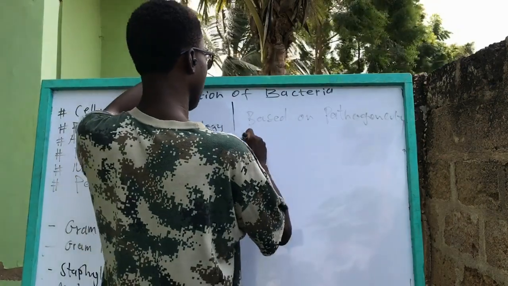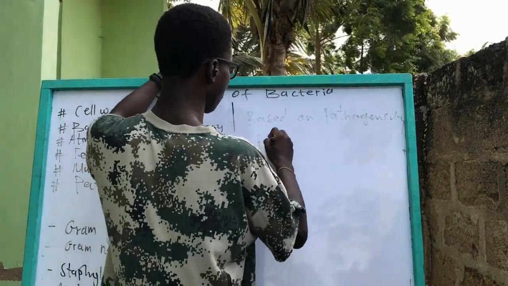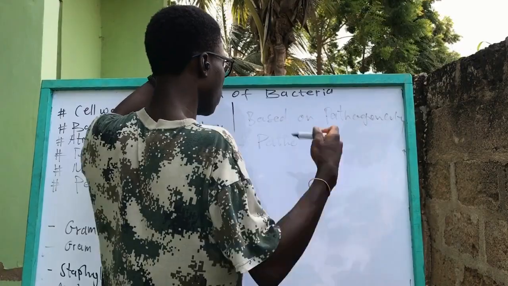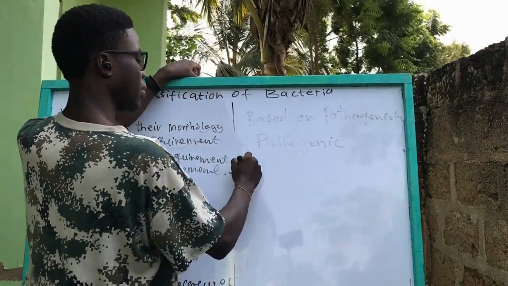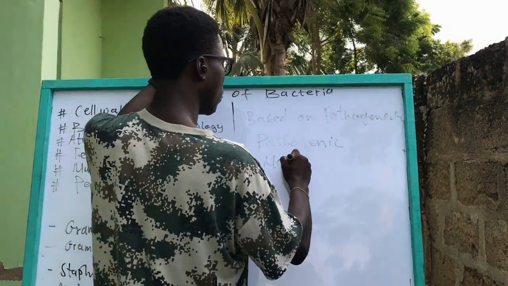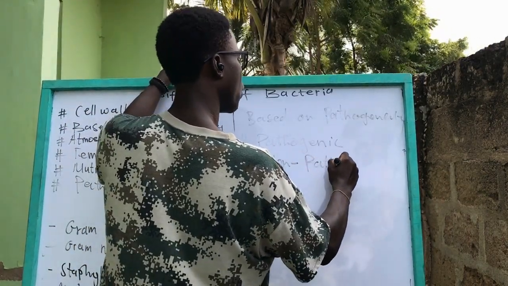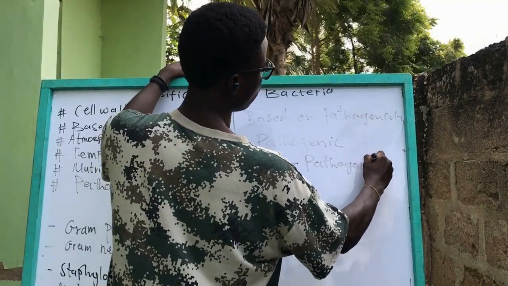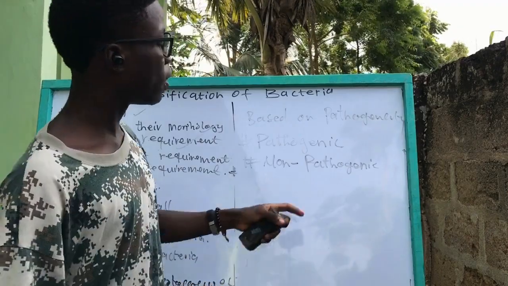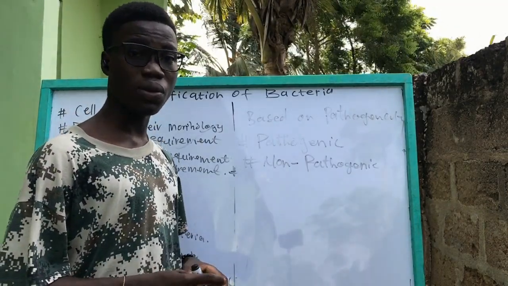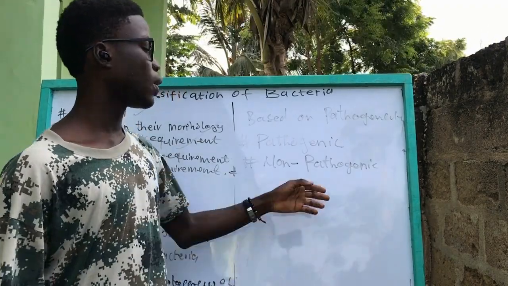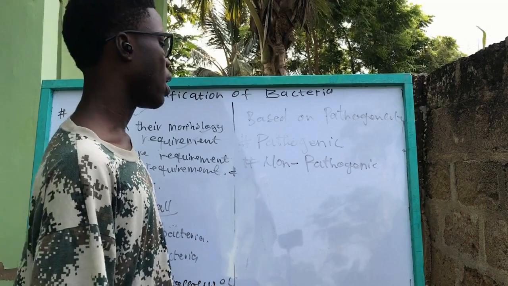The pathogenic are able to cause disease, they are disease-causing microorganisms. And the non-pathogenic are mostly normal flora.